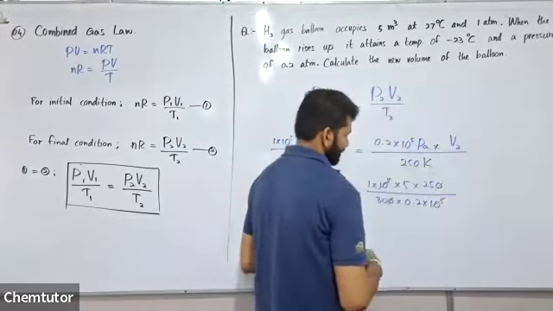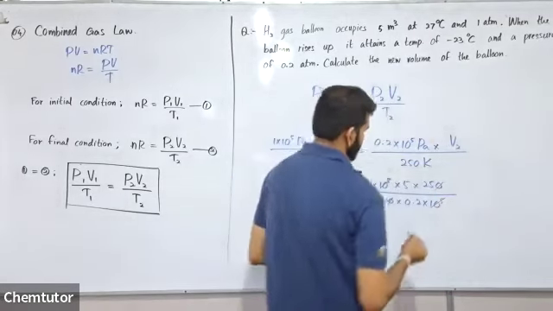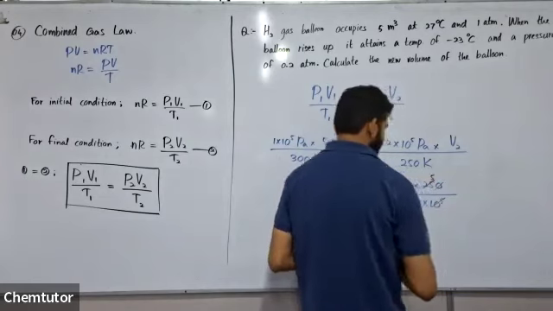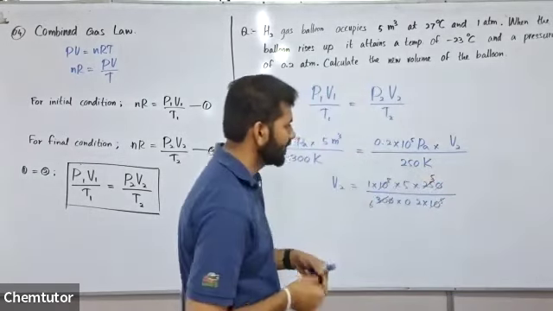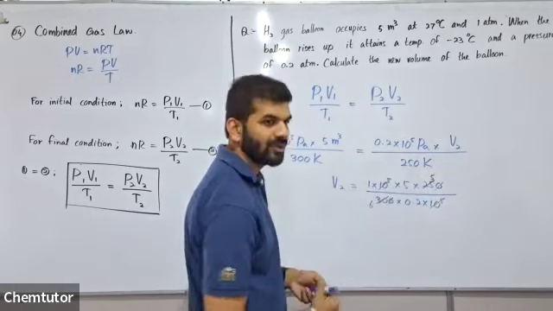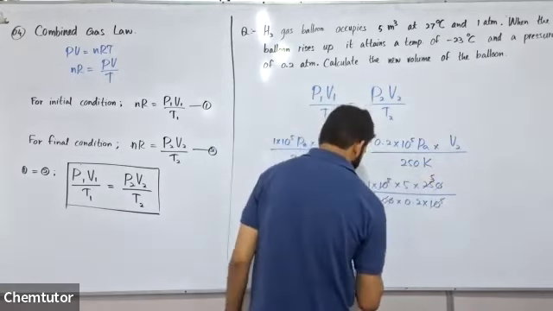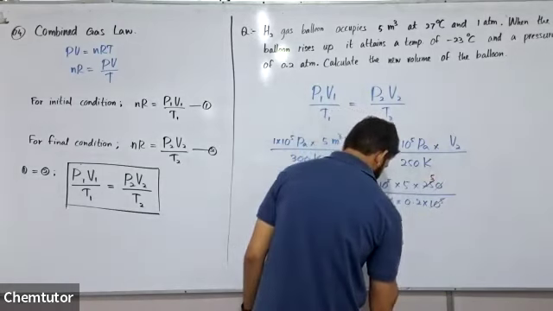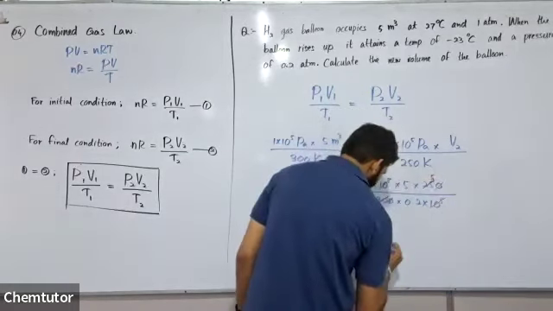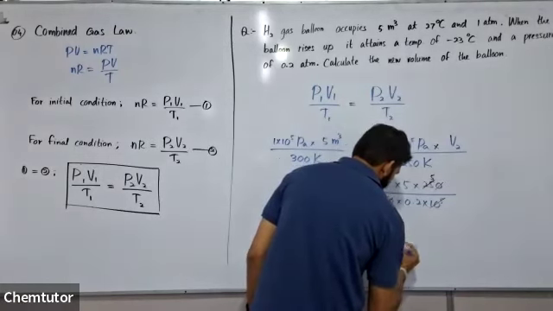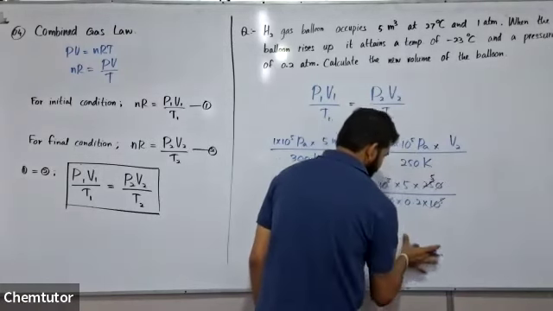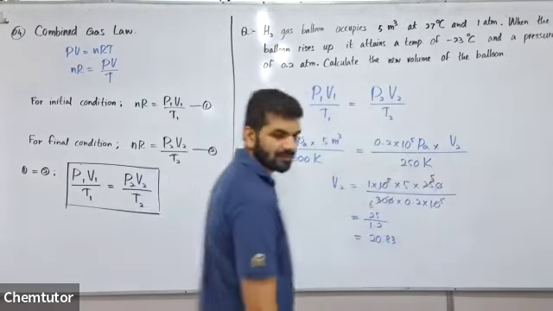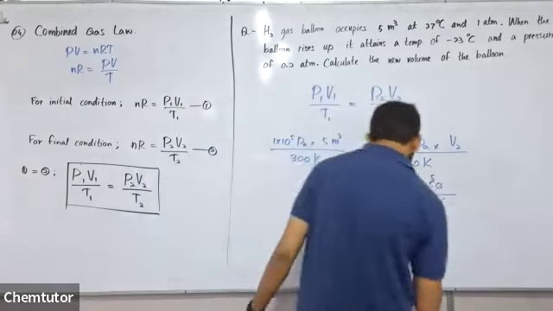Now we have to simplify. 25 divided by 1.2. The answer will be 20.83 cubic meters, 20.833 cubic meters.